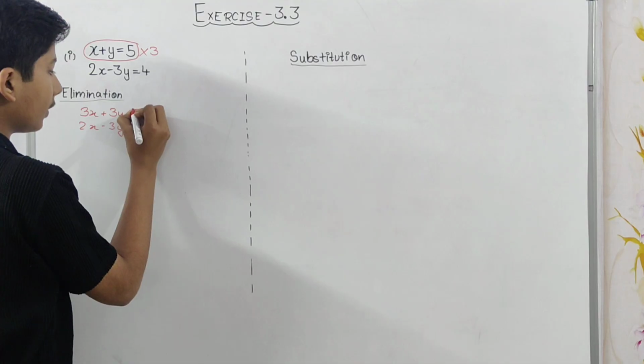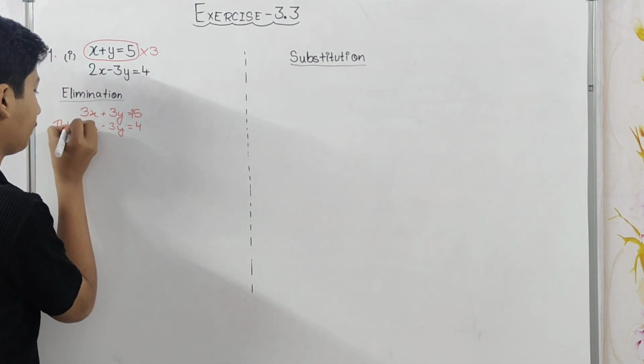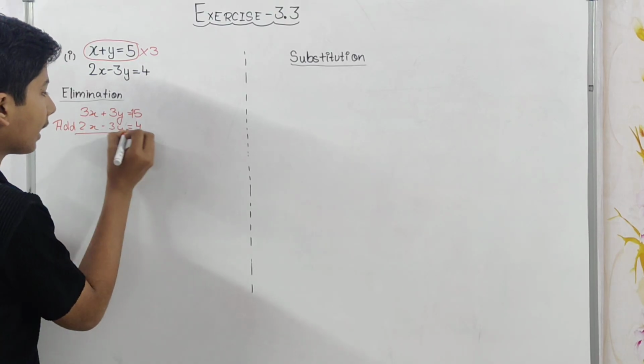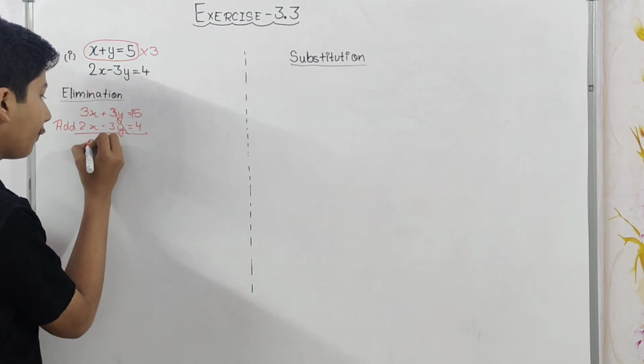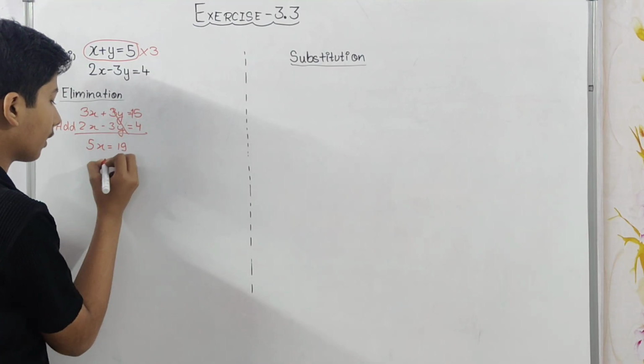Here 5 into 3 is 15. So we'll add them, because plus and minus will get cancelled. So it would be 5x equal to 15 plus 4, which means 19.